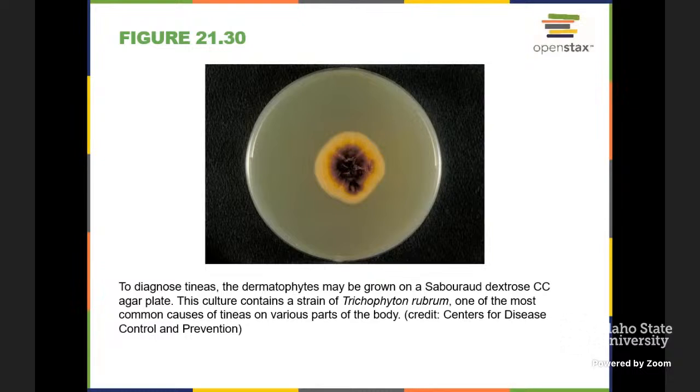Bacteria aren't eating the agar, right? But the fungi, it's a little bit different. Yeast cells look a little more bacterial-like as far as the colonies go. They're different, but they're not fuzzy looking. All right, so this is one of the dermatophytes, a filamentous type of fungi, Trichophyton rubrum.